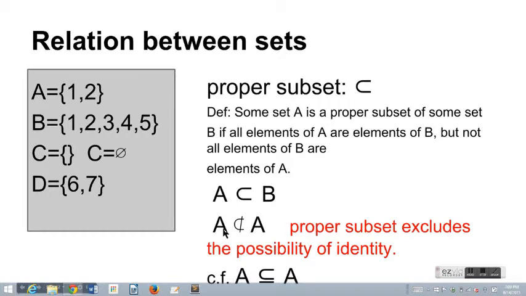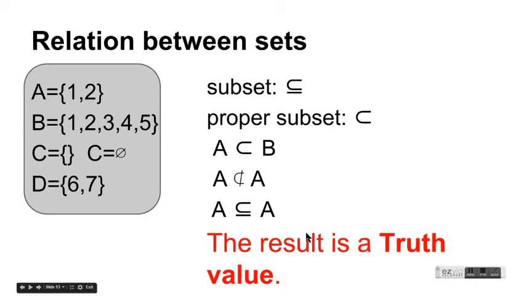So the proper subset will exclude the possibility of identity. So A will not be a proper subset of A. However, A is a subset of A. Okay. And notice that the relations we have between sets, subset, proper subset, if we have two sets, the result of them is a truth value.